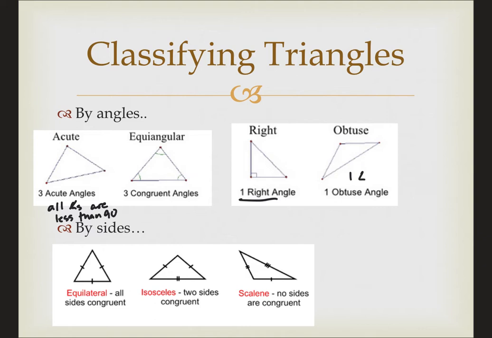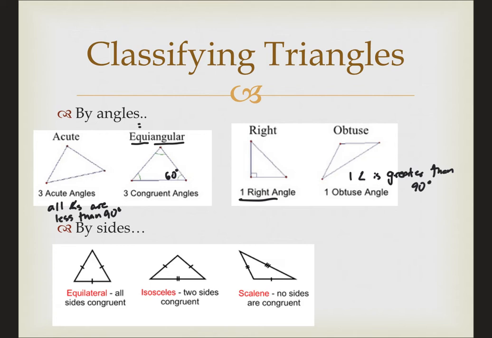So one angle is greater than 90 degrees. Now, the equiangular, let's break this down. Equi means equal. Angular means angles. So equal angles, meaning all three angles are the exact same measure, and that measure is 60 degrees. All of these are referring to the angles of the triangle.